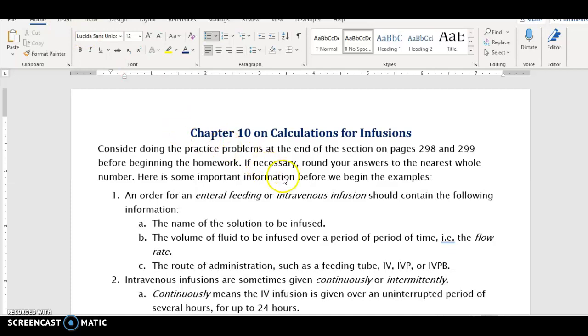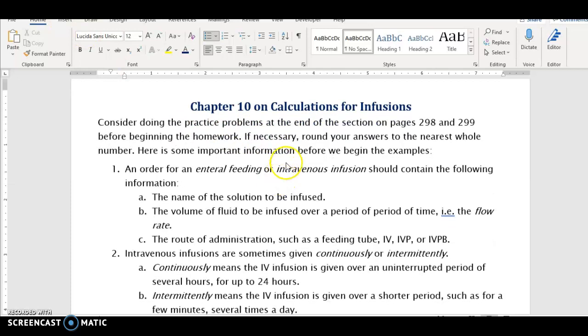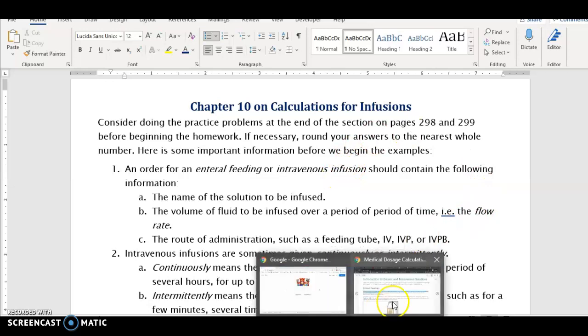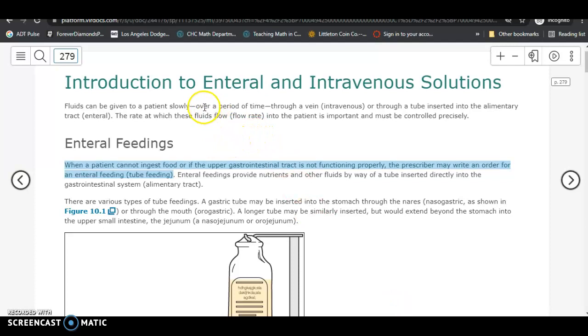Before we go through some examples, let's go over some important information that will help you understand how to do the problems in this section. At the beginning of the section, you have the introduction to enteral and intravenous solutions.